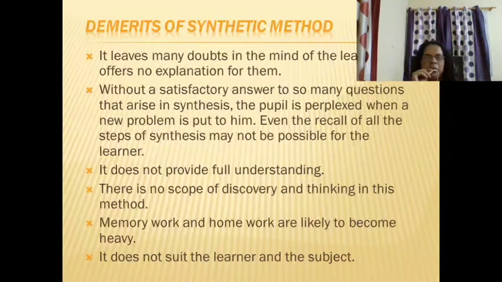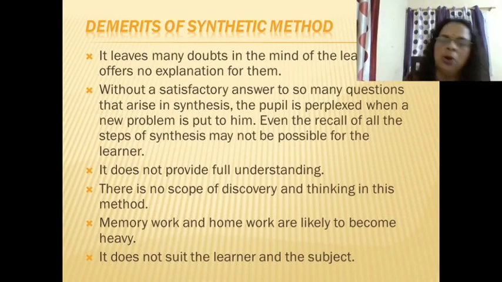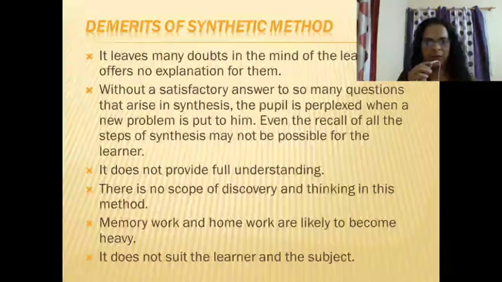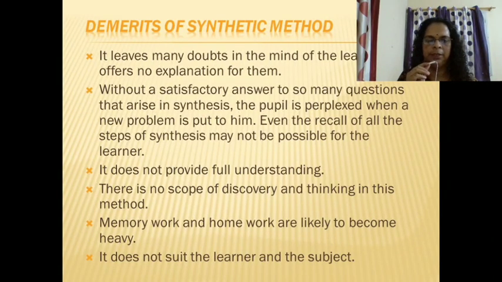In the synthetic method we said only 4 steps are there. Suppose they learn that by heart, and the same kind of question comes in another situation, they are not able to do it, and it is very difficult to recall all the things they did there. So it does not provide full understanding. That is already very clear from this. There is no scope for discovery and thinking in this method.